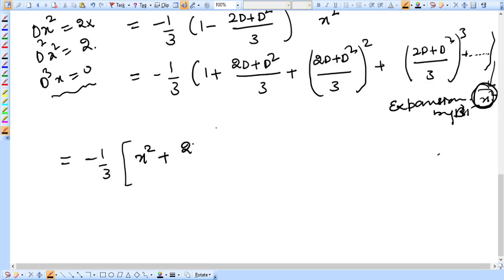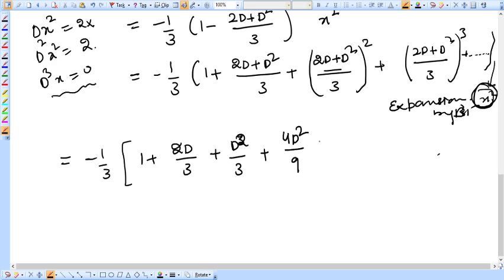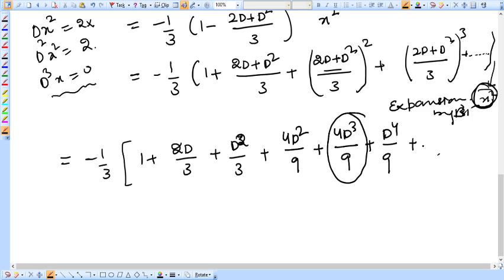So we can also write this in this form: 1 plus 2D divided by 3 plus D square divided by 3, plus from here we are going to get 4D square by 9 plus 4D cube by 9 plus D4 by 9, and so on. We are not going to write the higher terms. Why?